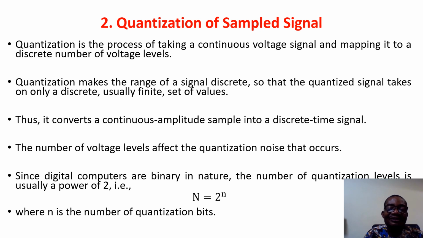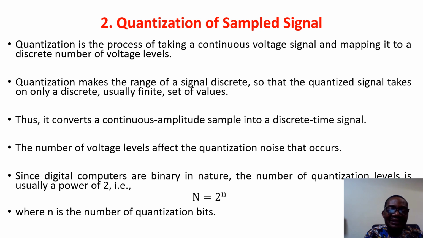You know that a continuous value can have any range, but a discrete value has specific values at specific time intervals. The number of voltage levels affects the quantization noise that occurs.